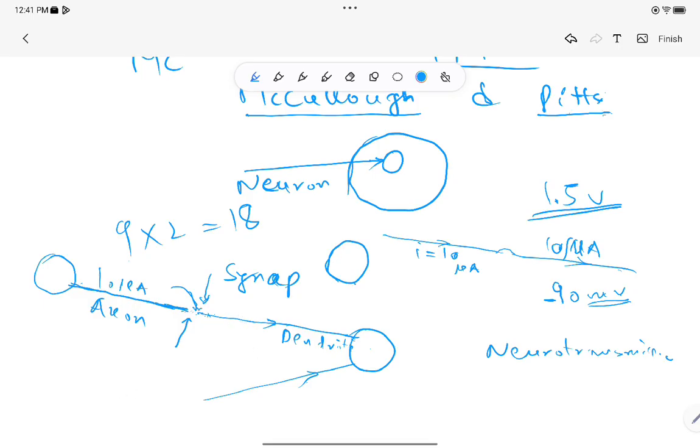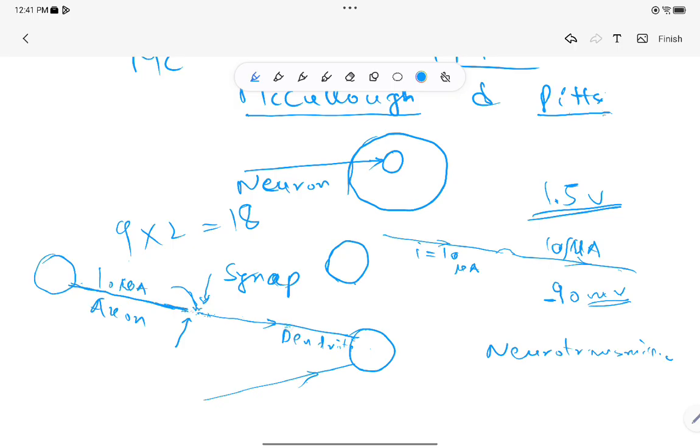It will depend, for example, on the amount of neurotransmitters that leave this and go to this. If the amount is very small, only very small current will flow here. If the amount is large, a larger current will flow here.